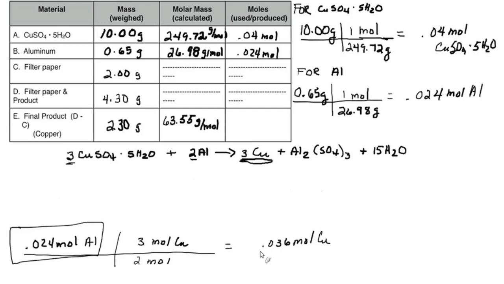If we take the molar mass of copper, 63.55 grams per mole, that will give us 2.28, so I'm just going to round it to 2.29.